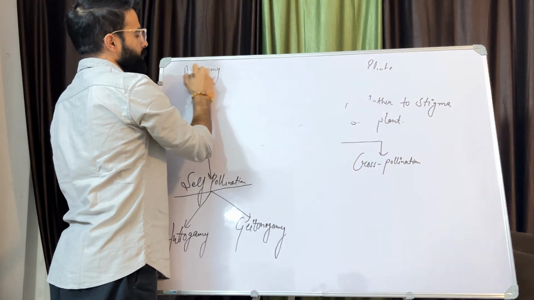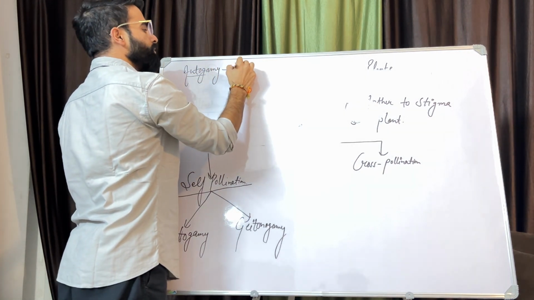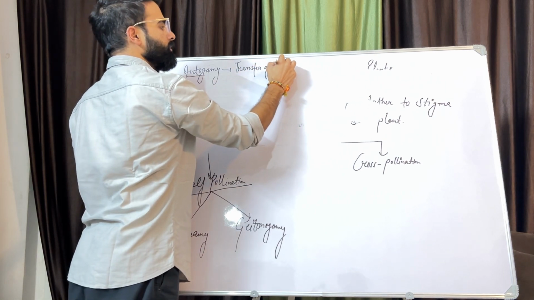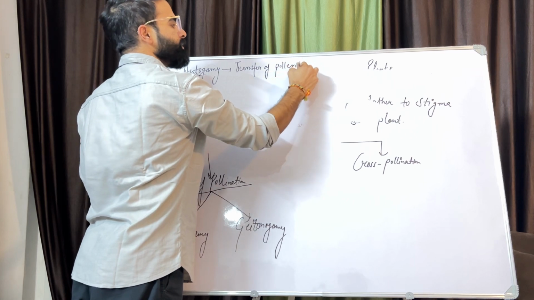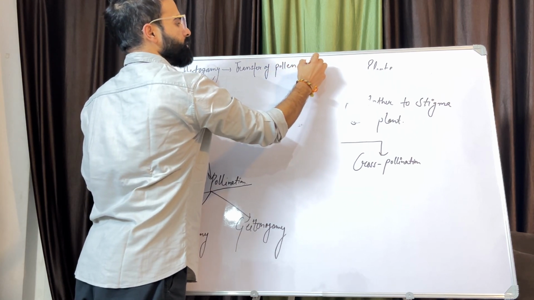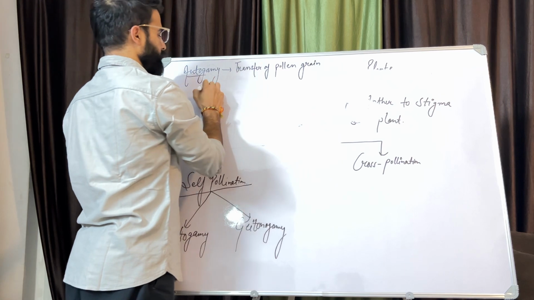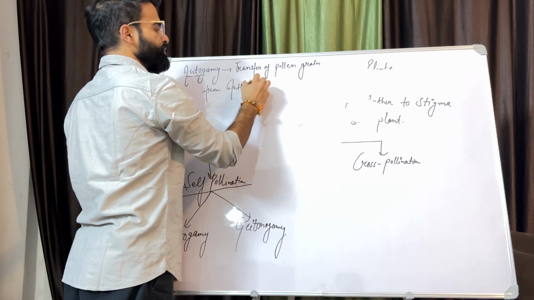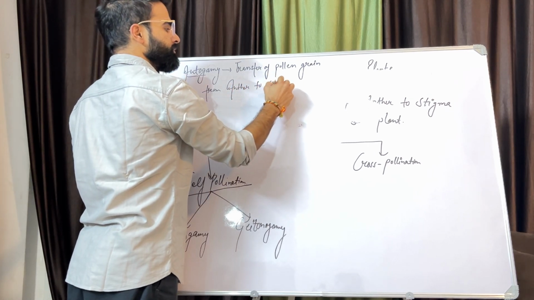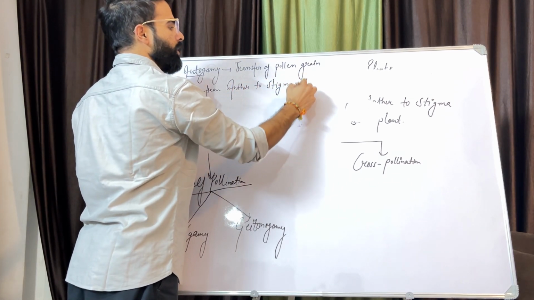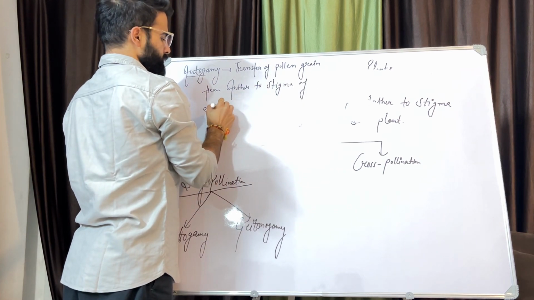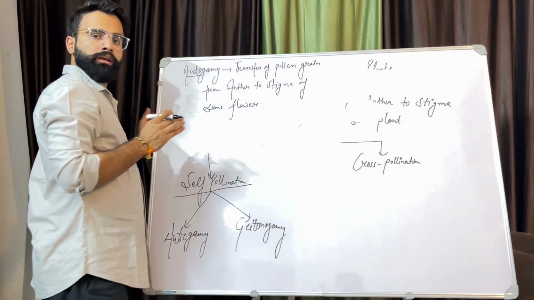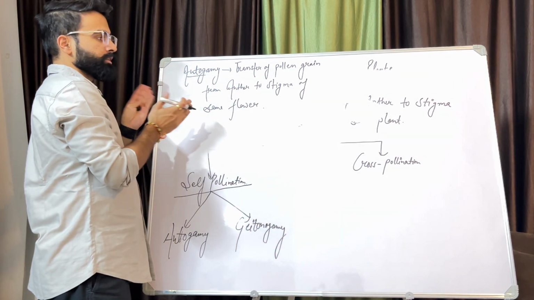In autogamy, there is transfer of pollen grain from anther to stigma of the same flower.